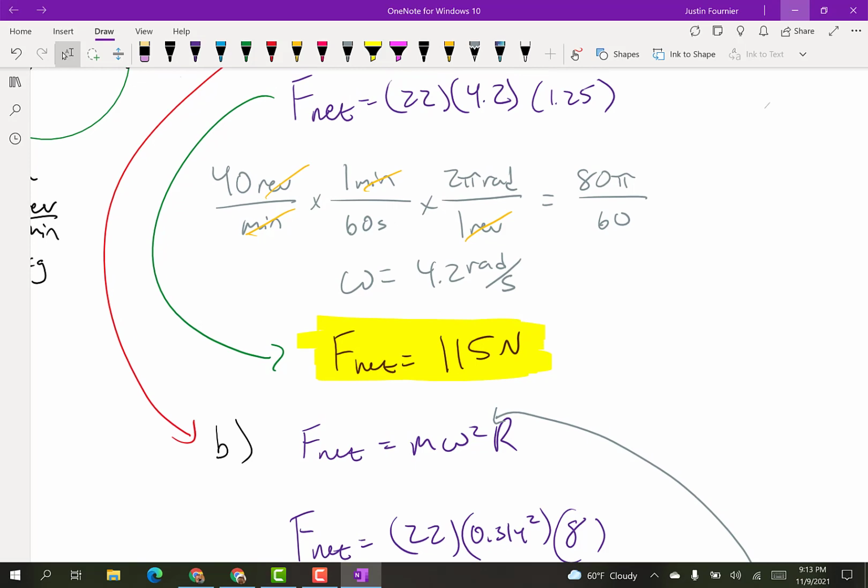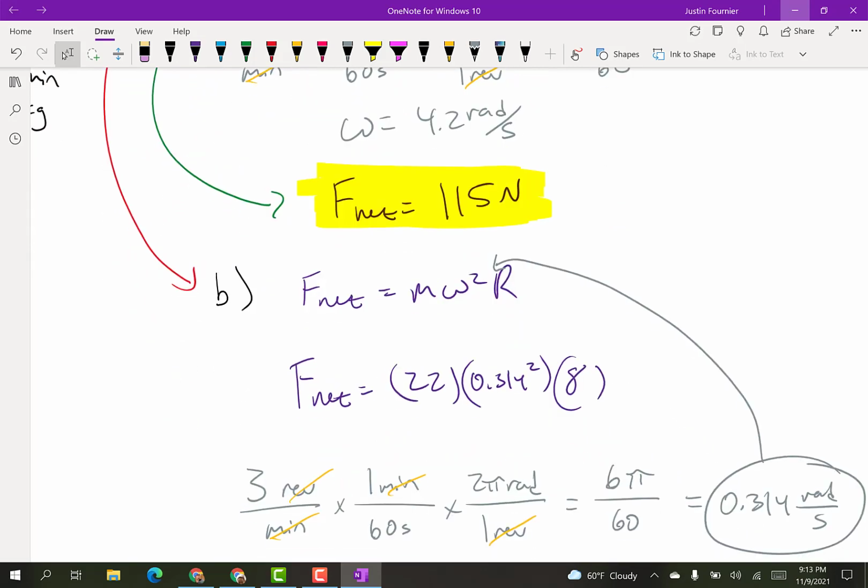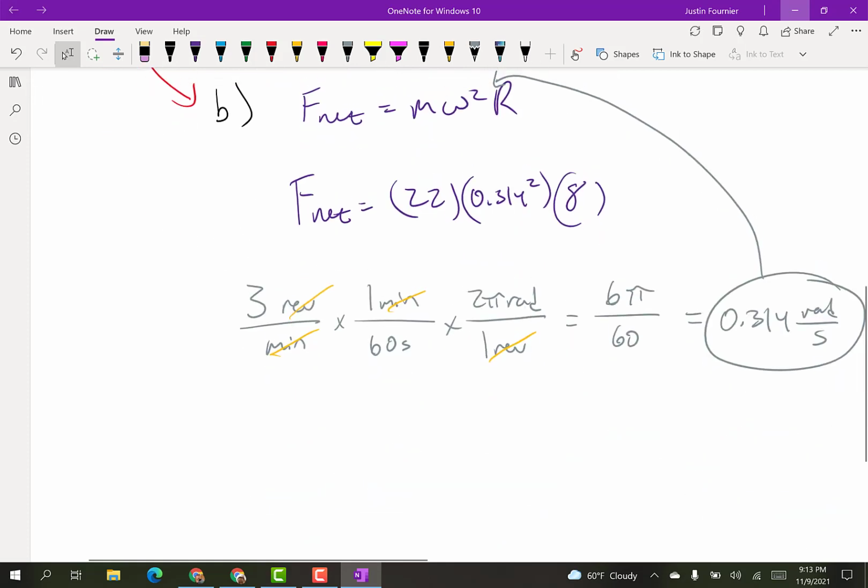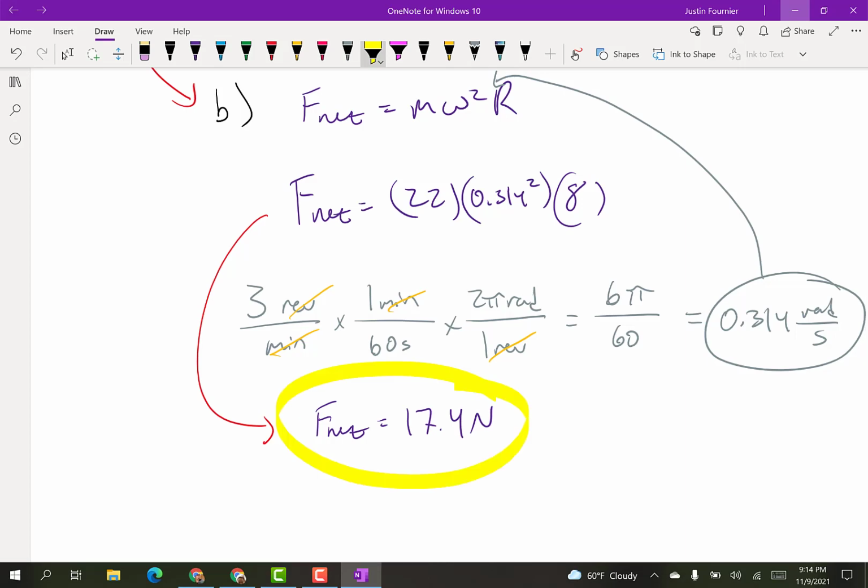Let me correct that in just a moment. So I got 0.314 squared times 22 times 8. That's about 17.4. So my F net here is 17.4 newtons.